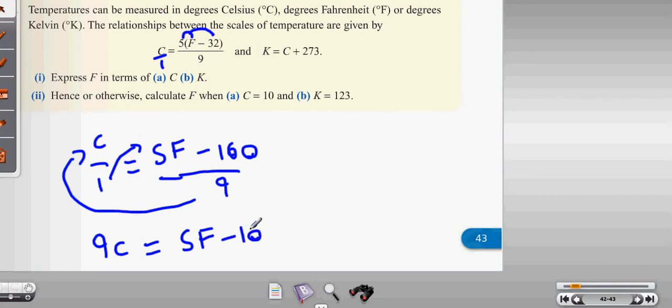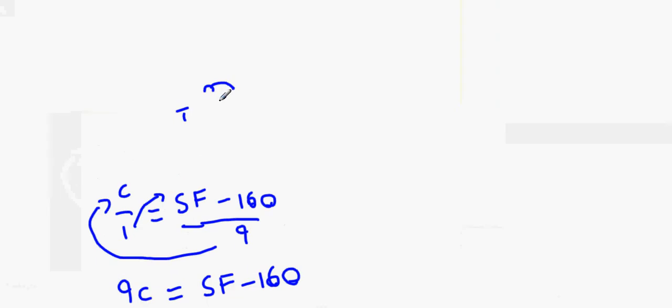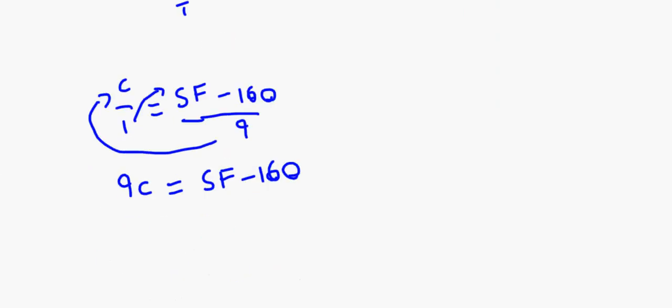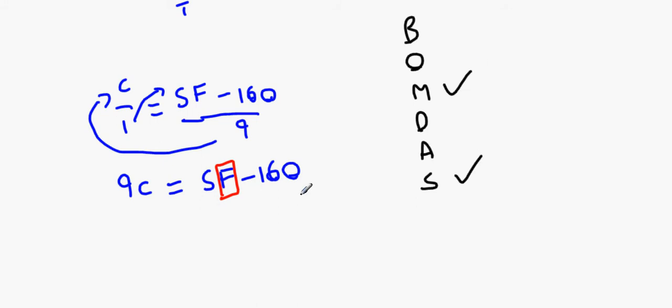Now remember, your whole goal of this equation is to get F on its own. So we just target F as the target here. Okay, so we want to get F on its own. If we look at the order of operations, what's happening is F is first multiplied by 5, and then 160 is subtracted from it. So what we can do is get rid of the subtraction first.